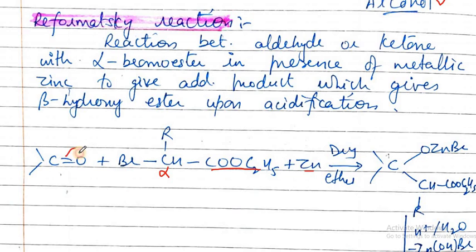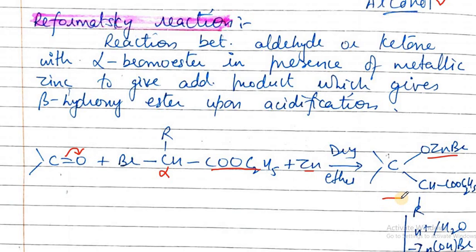When these electrons move to oxygen, the bromine gets attached to the oxygen through zinc, OZnBr, and we get this addition product.